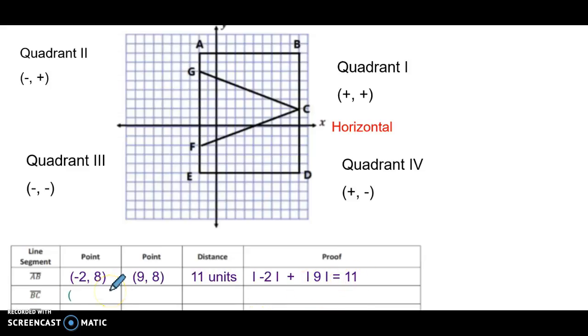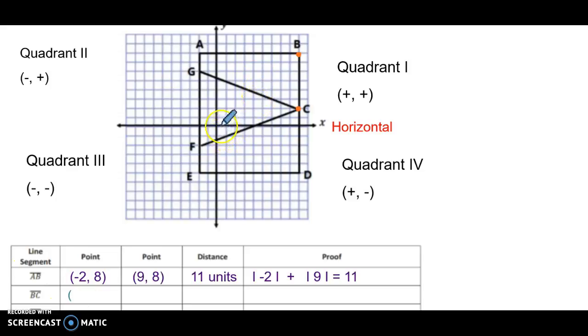The next line segment on our table is line segment BC. So I'm going to put a label there, B, and a label here for C. So we're finding the line segment. We need to find point B and point C. I noticed that both of these points are in quadrant 1. So I know all of my x-coordinates and all of my y-coordinates for point B and C are going to be positive.